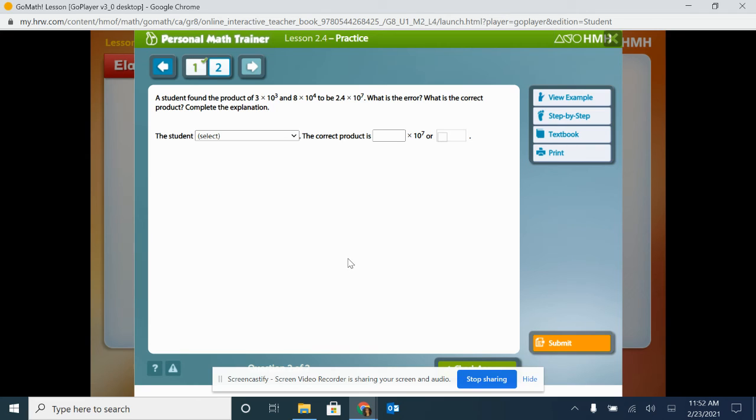A student found the product of 3 times 10 to the third power and 8 times 10 to the fourth power to be 2.4 times 10 to the seventh power. What was the error, and the correct answer? Ooh, I'm going to use my calculator. Let me show you.